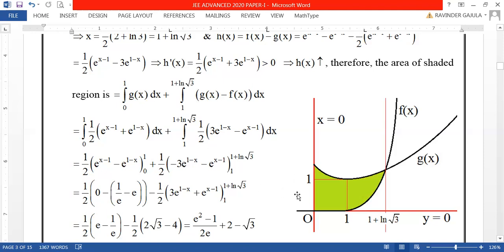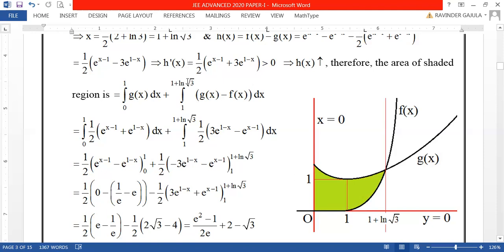Under g of x minus 0, of course this is 0, g of x minus 0 can be taken, that is g of x, plus 1 to 1 plus log root 3, g of x minus f of x. Already we got f of x minus g of x. Now that is this function I have found.